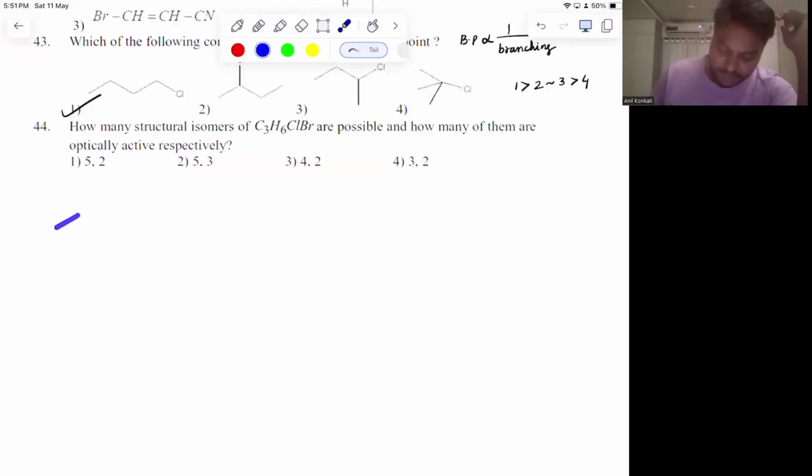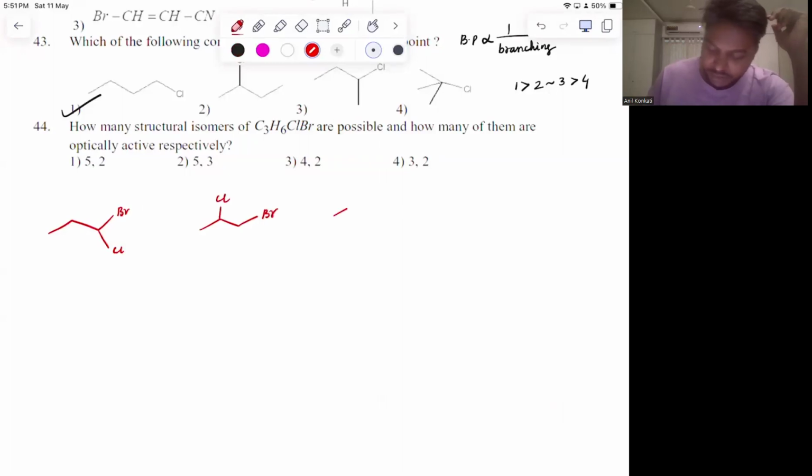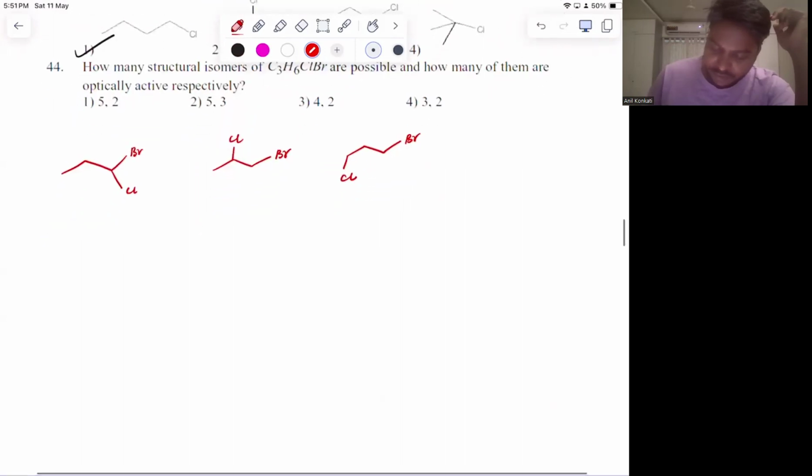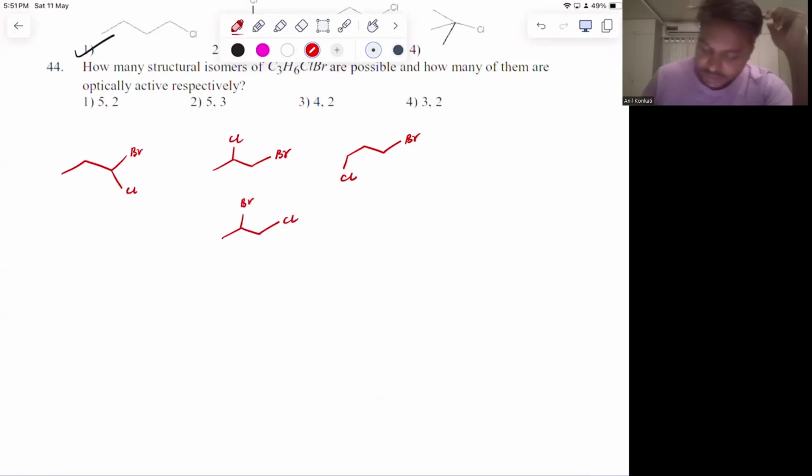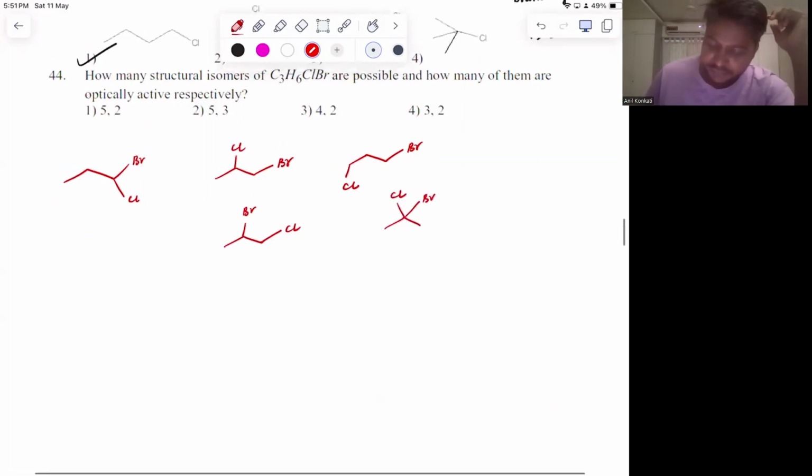C3H6ClBr. Now there are 3 carbons here, so you can see 3 carbons with bromide and chloride. Keeping bromide here, I can keep moving chloride. So this is the position. Or keeping chloride here, I can move bromide. And finally, I can have Br and Cl at the center.